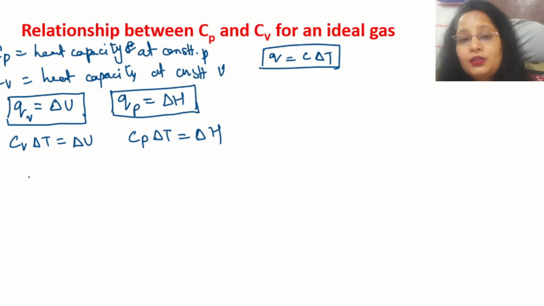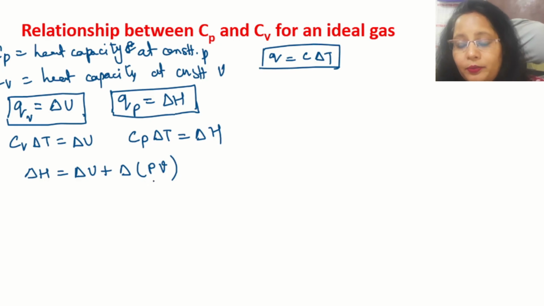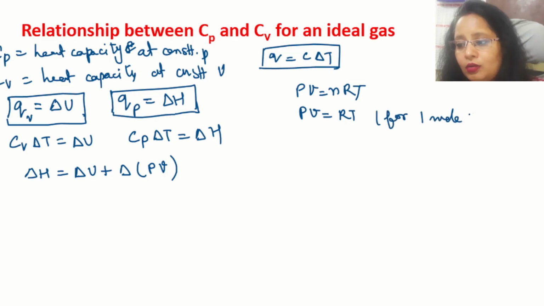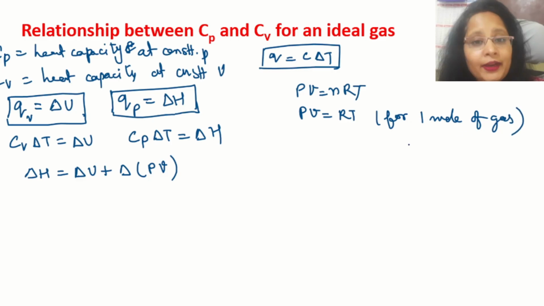Now from the change in enthalpy formula, just remember that delta H is equal to delta U plus delta PV. Now PV, we studied that for the ideal gas equation, PV is equal to nRT. For 1 mole of gas, we can write PV is equal to RT because n is 1. We can write for 1 mole of ideal gas.